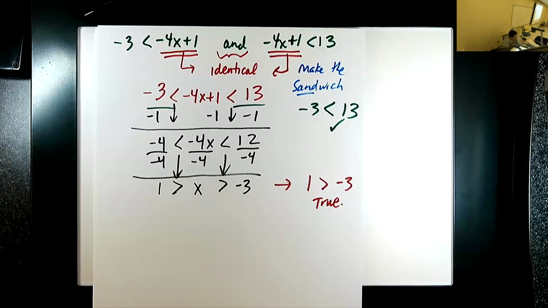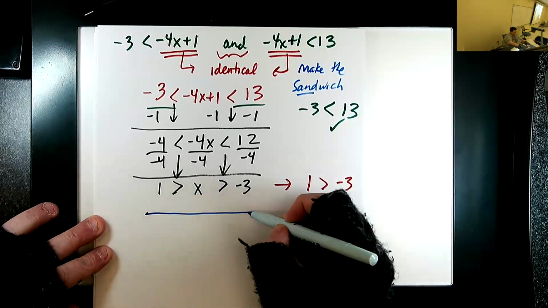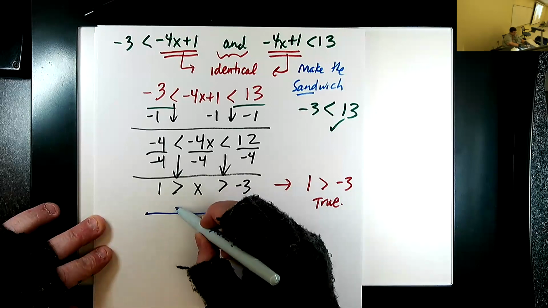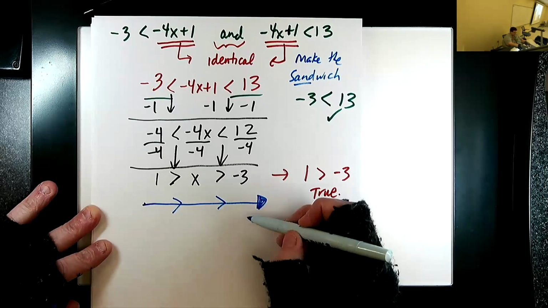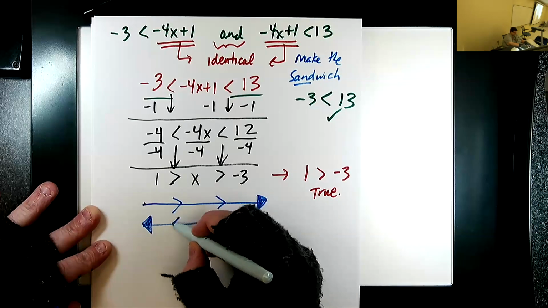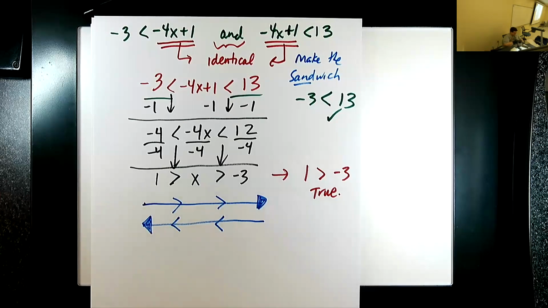We tend to not write it like this, though. We tend to like to do the lower numbers on the left and the higher numbers on the right. So treat this like an arrow going to the right with the inequalities. I'm going to flip the arrow, and flip the inequalities to follow the arrow. So the inequalities follow the arrowhead.